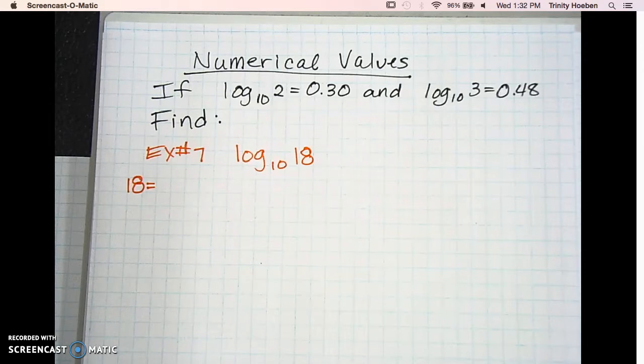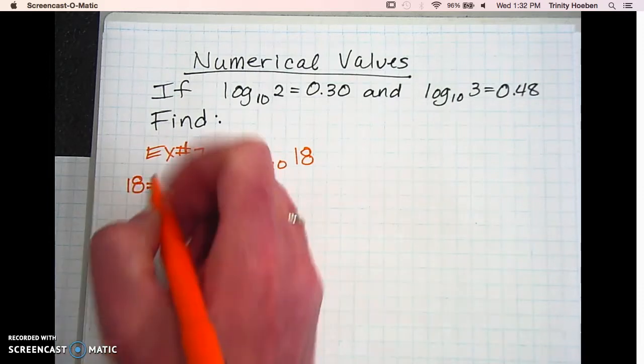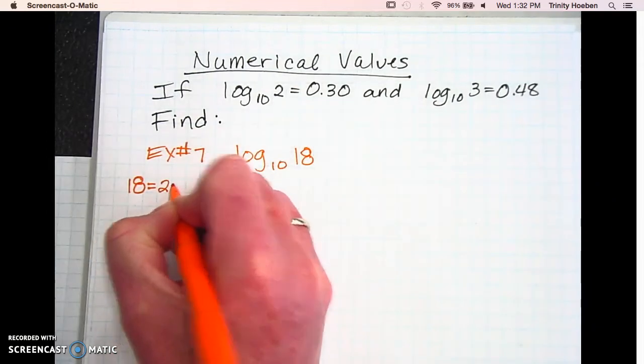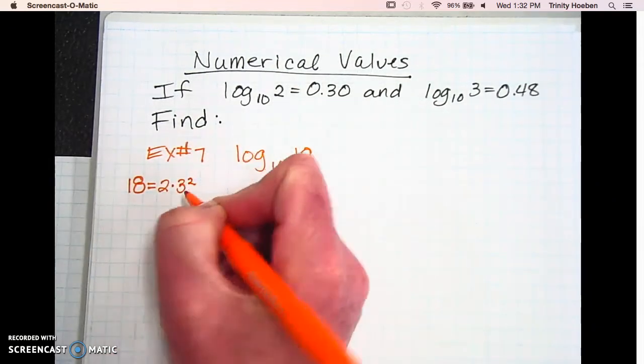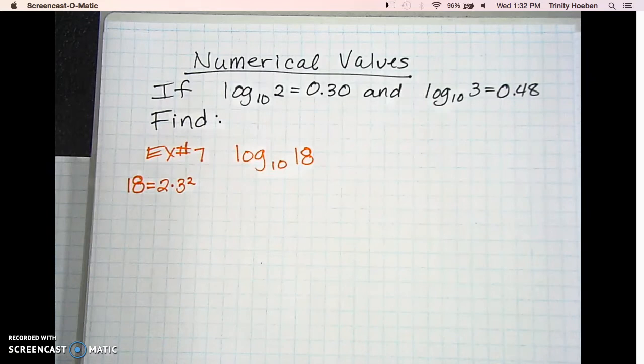2 times 2 times 3 times 3, right? Okay, so how about 2 times 3 squared? Everybody see how it's 2 times 3 squared?